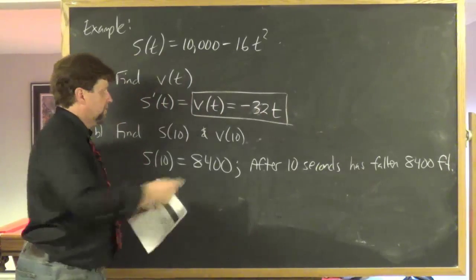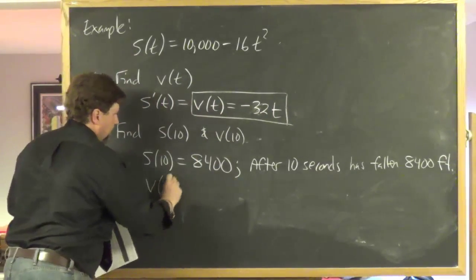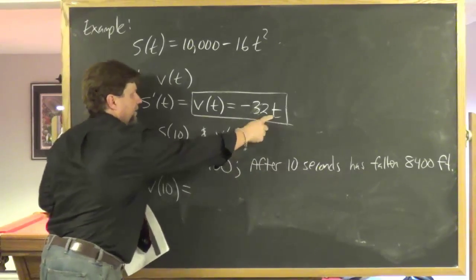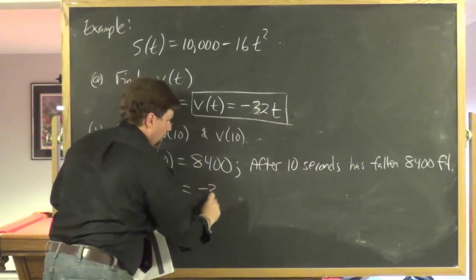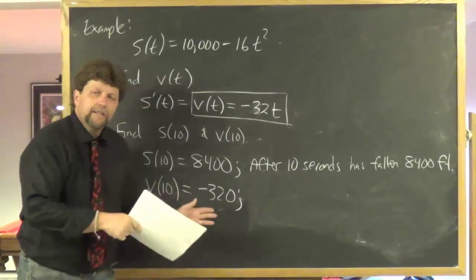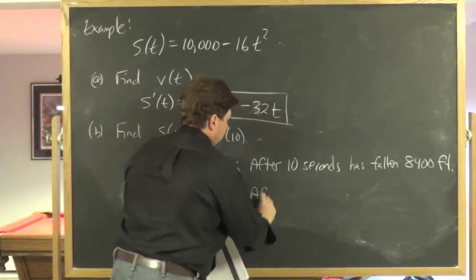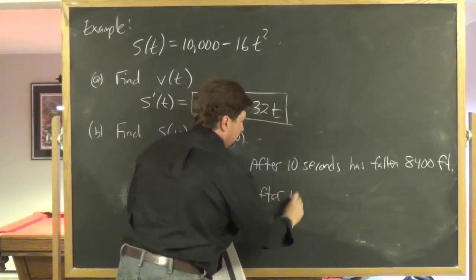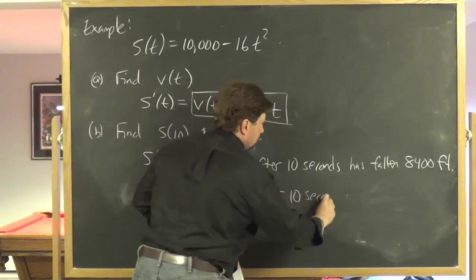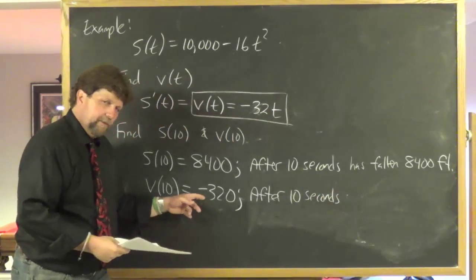We were also supposed to evaluate and interpret V of 10. So I put 10 in here for t, and I get negative 320. Okay, so again, t is 10, so that tells me after 10 seconds. Now we have a negative 320.